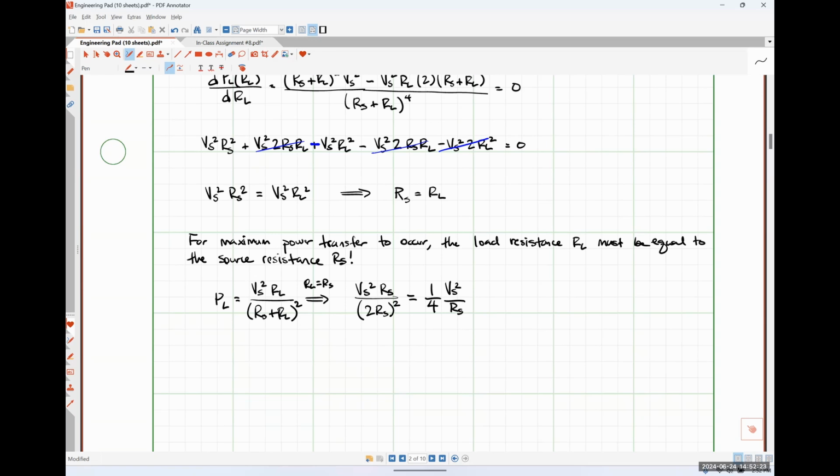So this is the equation for the maximum power that can be delivered by a practical voltage source.